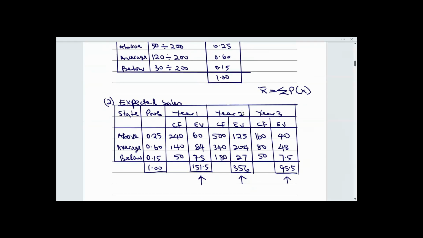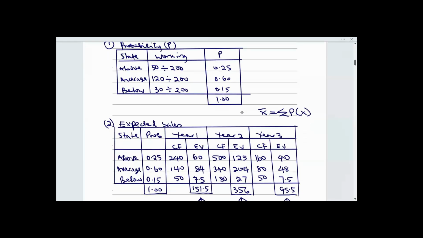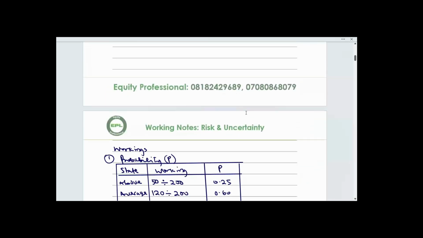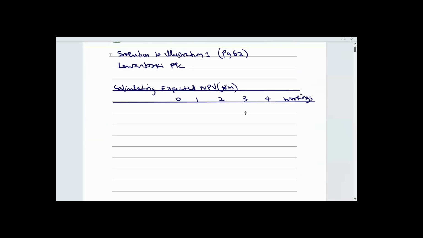So you are going to give me the expected sales for each year. The first one is 151.5. I will then say contribution at 70% of sales.